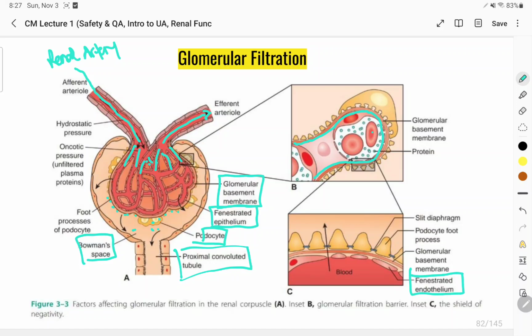Diba, ingon ganina, non-selective ang filter sa imuhang glomerulus, basta kay less than 70,000 kilodaltons makalusot lang. Kaya nga naa man siya fenestrated epithelium. Though, dili tanan makalusot. Okay, gagmay man po ni nga mga buslot. So, mga 70,000 below ra gyud.